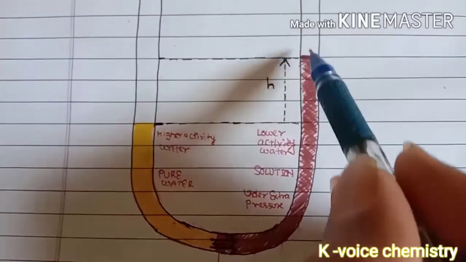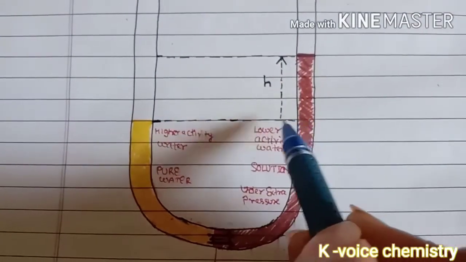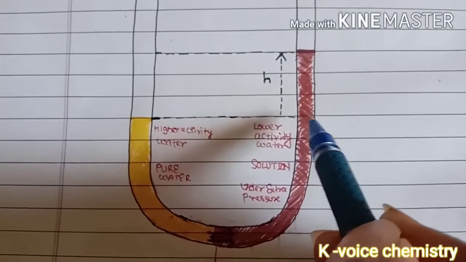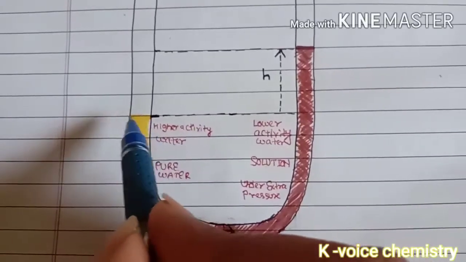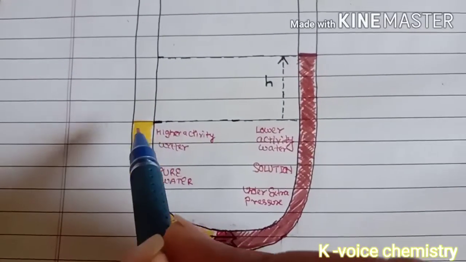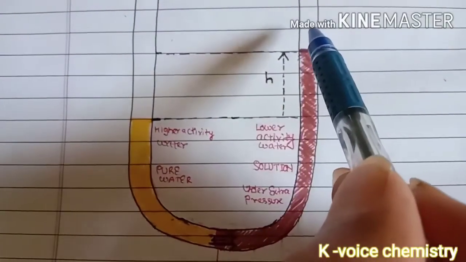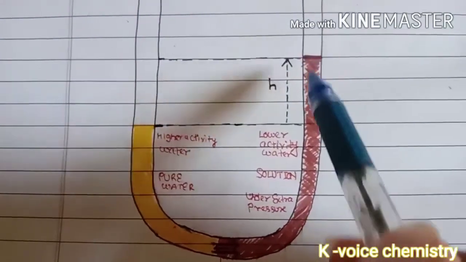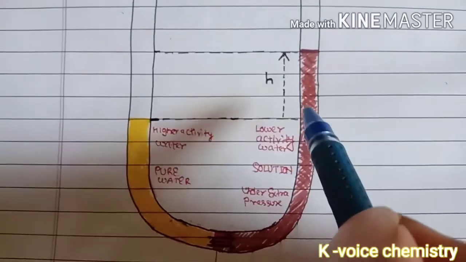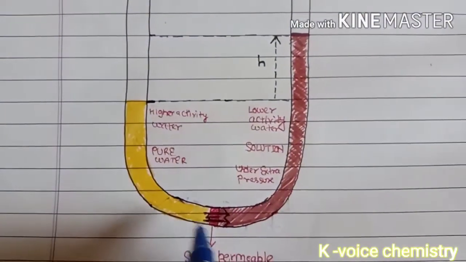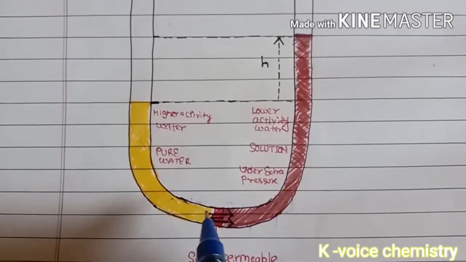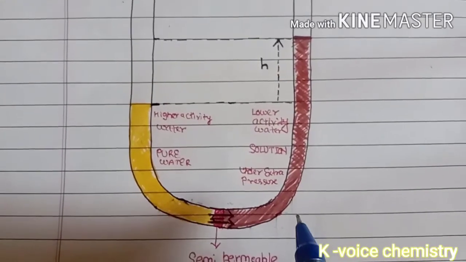In order to make the level of this solution and this pure solvent equal, or you can say to maintain the equilibrium level, there will be a pressure exerted on this solution, due to which no more of the solvent can move towards the solution.